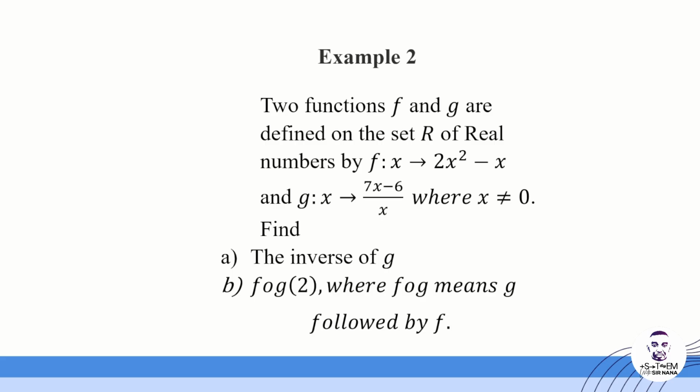We know that when x becomes 0, g of x becomes undefined. We have to find (a) the inverse of g, and (b) the composite function f of g of 2, where f of g means g followed by f.